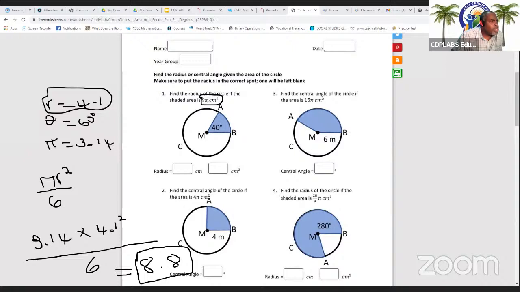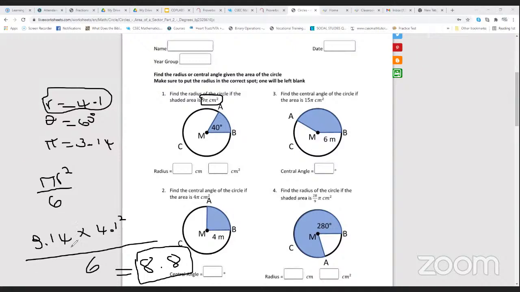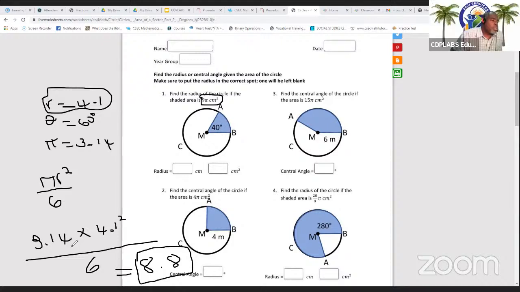What does 9 mean? But I want to find the radius. This 6 now is because we divide the 360 by 6. That's how we get the 6.